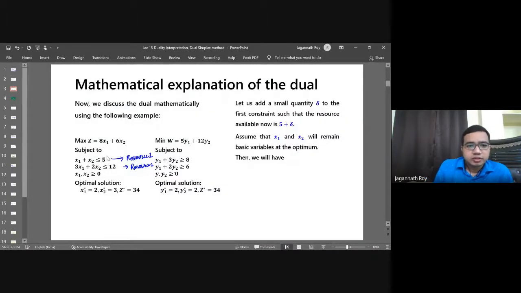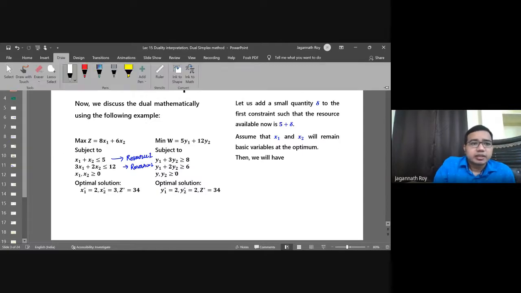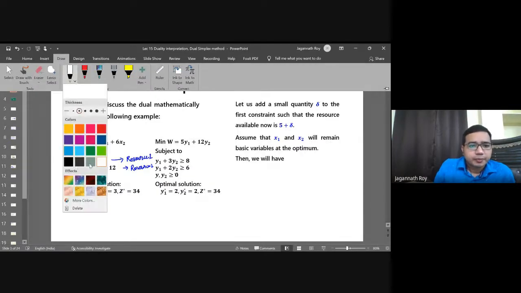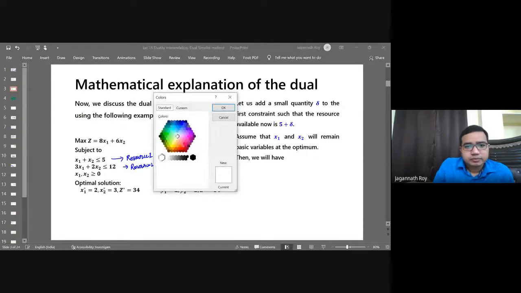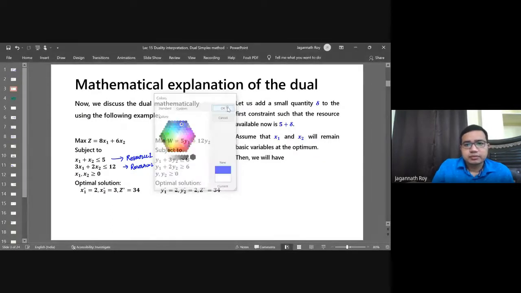So this is for resource 1, and x1 is the quantity that we are going to produce of product 1, and x2 is product 2. Now let us add delta to this resource, so it becomes 5 plus delta.